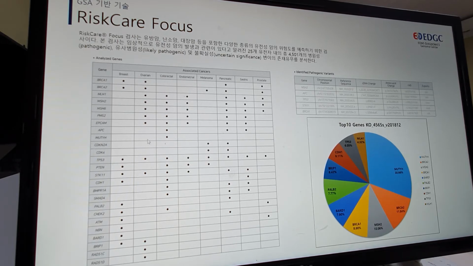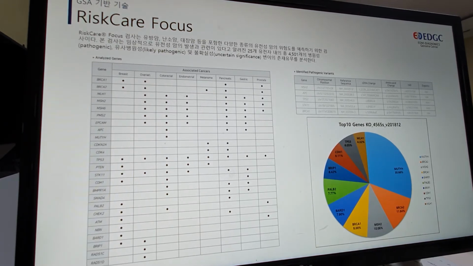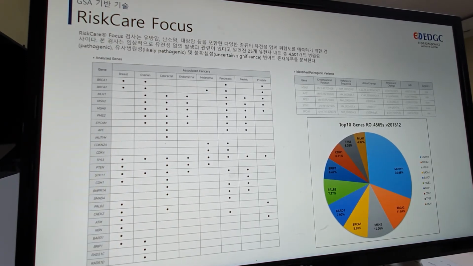So if someone has a mutation in pathogenic markers, then those who have a pathogenic marker mutation will likely get an inherited cancer at some age, not now. So they have some potential risk to have a cancer. So we can check and we can report this kind of thing.